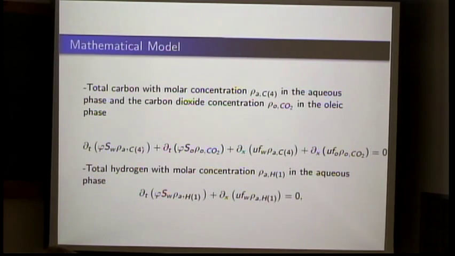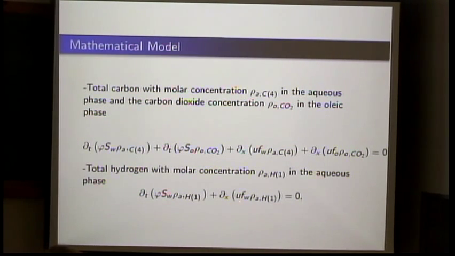So that's a concentration, saturation of water. That's inside the water. That's CO2, for instance. And that's CO2 in oil. Then the fluxes of the same. And whoever is familiar with the fractional flow formulation of flow in porous media understands this.